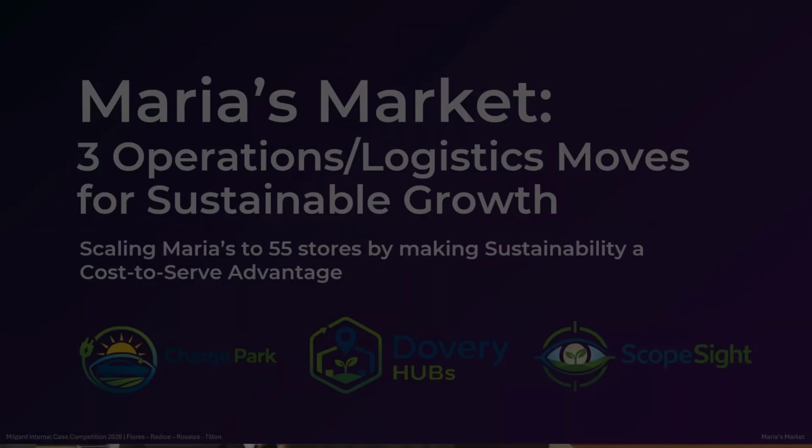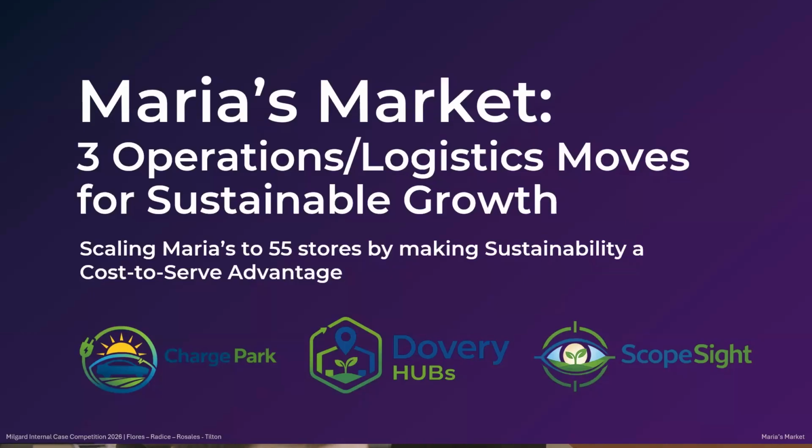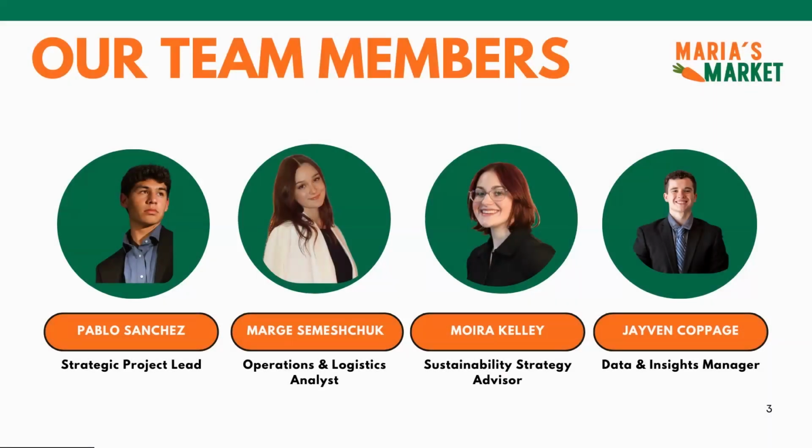All right, here we go. Drum roll. I'm going to do the names. First I'm going to announce the third place winner, and that is Team D. That's Norari Flores, Katarina Redis, Brittany Rosales, and Skylar Tilton. And then for our second place, sorry, I have a lot of scratch notes here, we have Team C. And that is Javen Coppage, Moira Kelly, Pablo Sanchez, and Margaret.